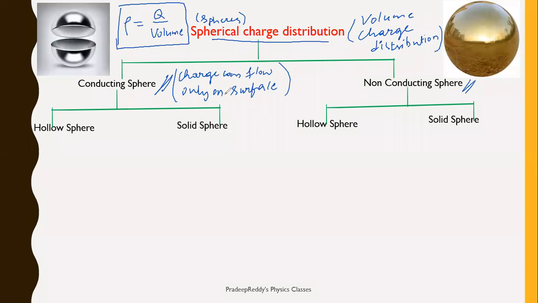As charge is able to flow, the total charge will reside only on the surface, because in conductors there are free electrons. These free electrons are able to flow. Therefore, the total charge is accommodated only on the surface, and inside, Q is equal to 0. That is for conducting spheres. In the case of non-conducting spheres, charge cannot flow.